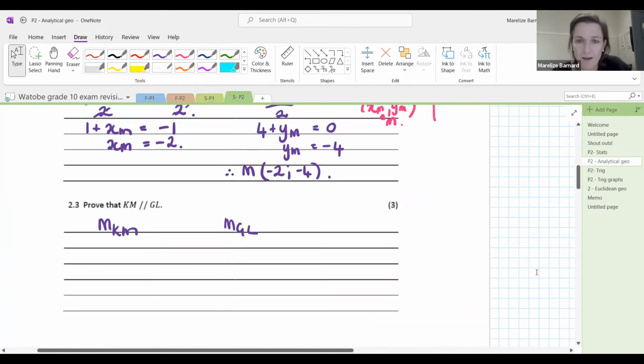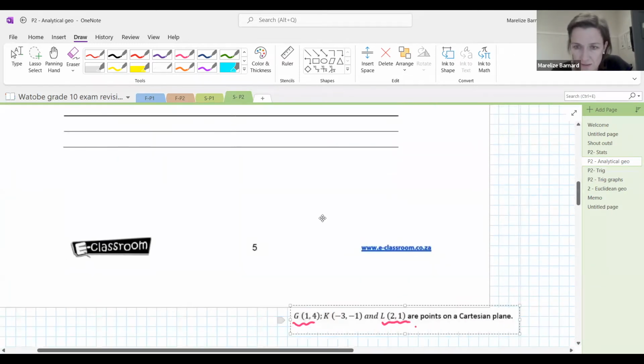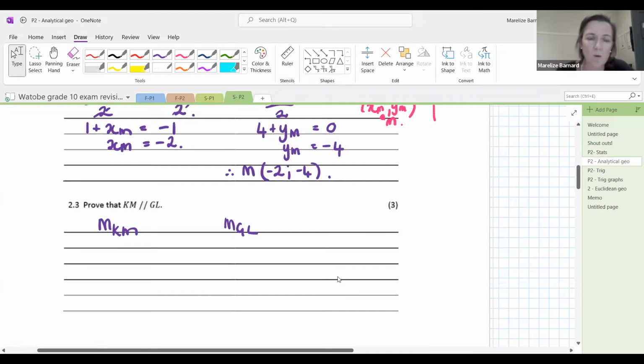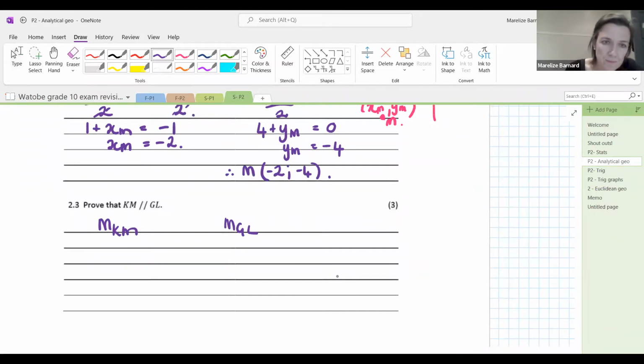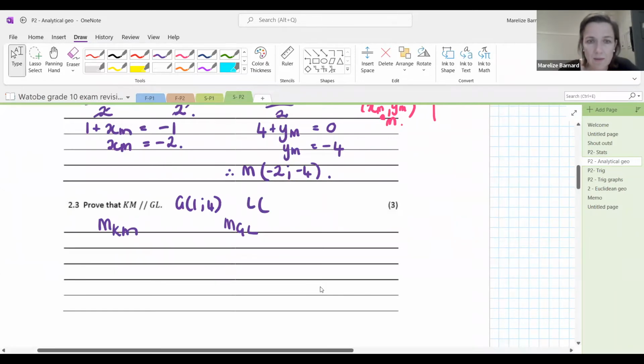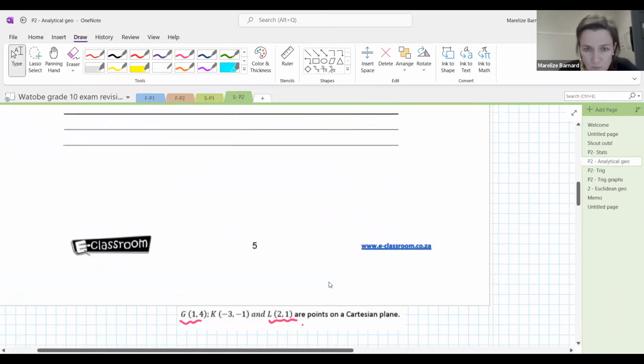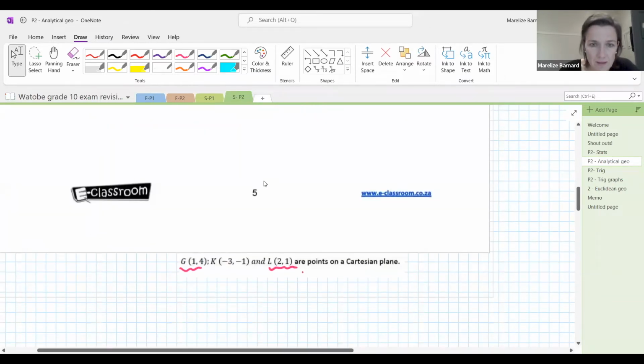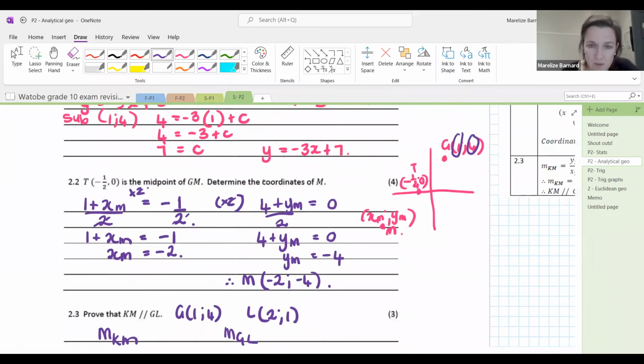Oh, annoying. Okay, I'm just going to write them down then. Okay, G is 1 and 4. L we worked out is, or we were given, 2 and 1. And K is -3 and -1.